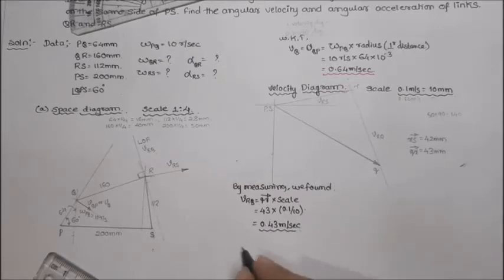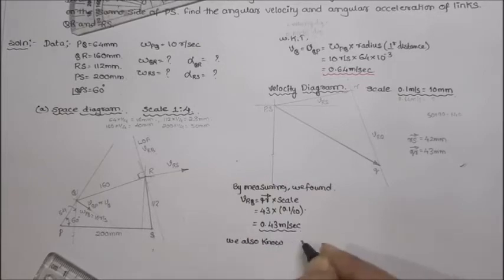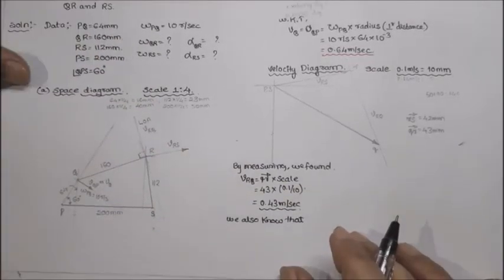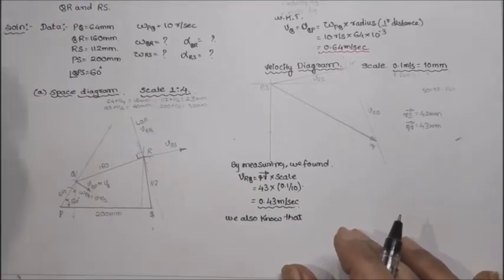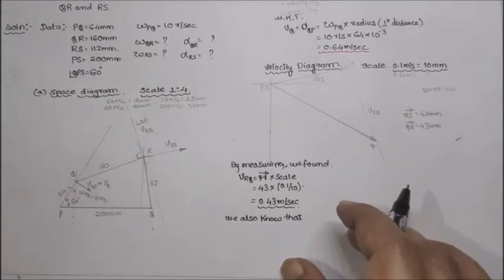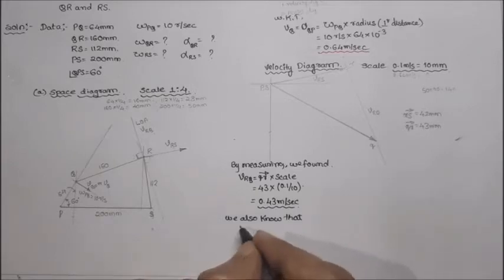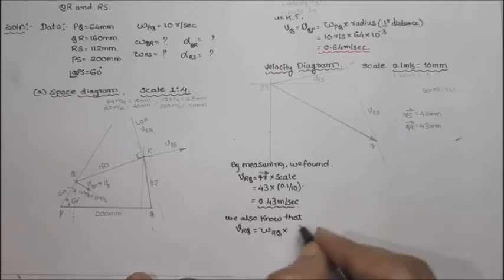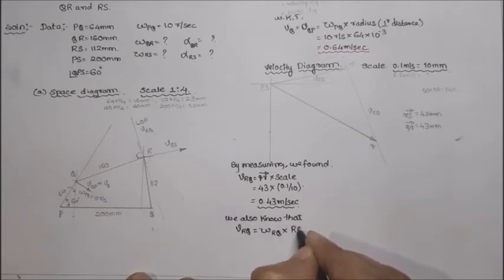So next, we also know that velocity r with respect to q is equal to omega rq into its radius, that is rq.